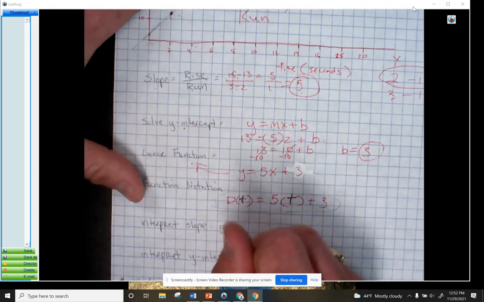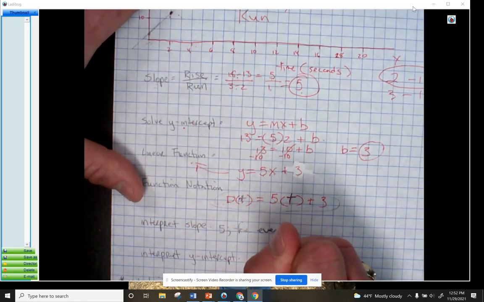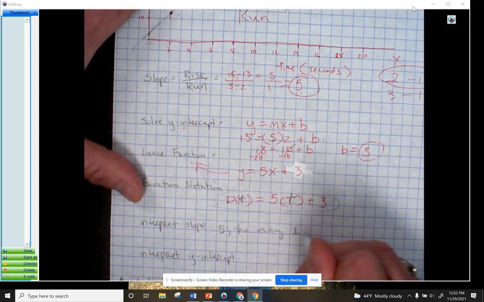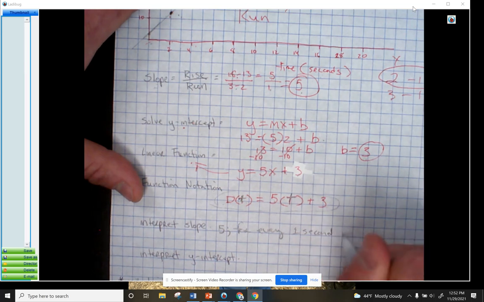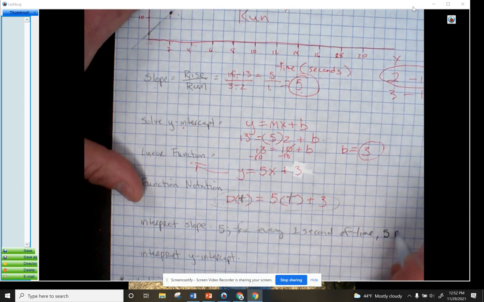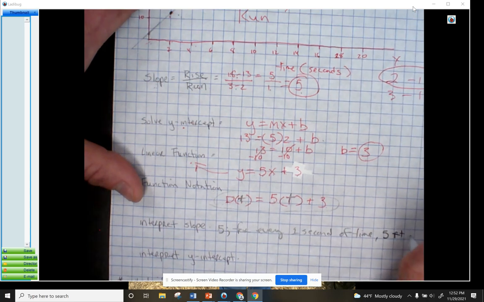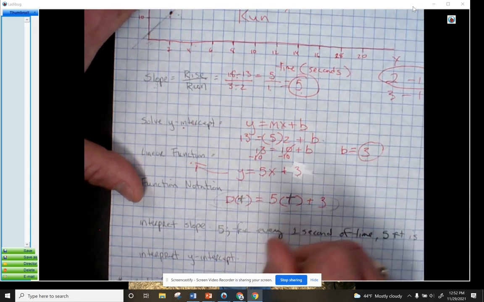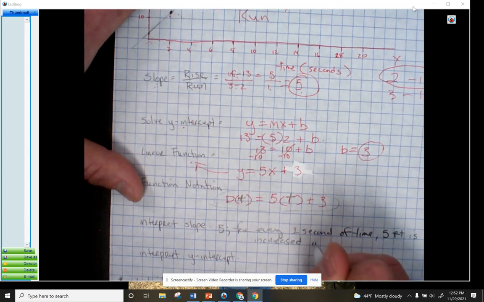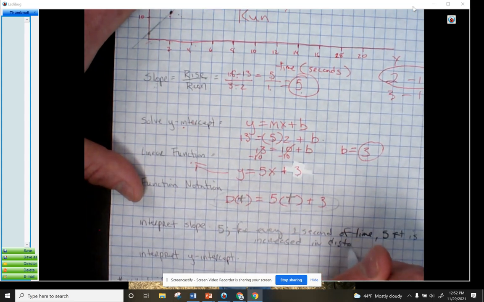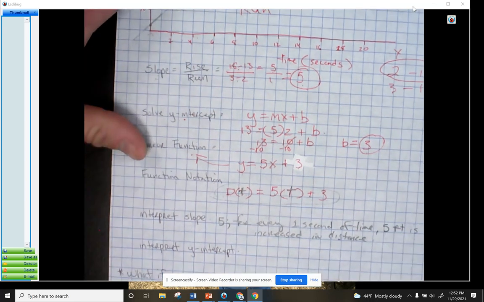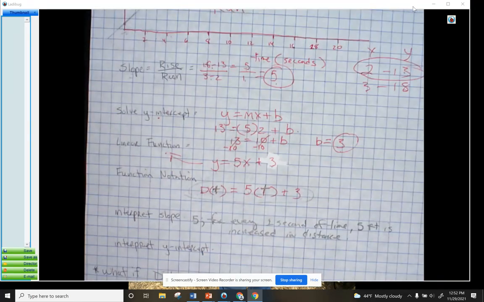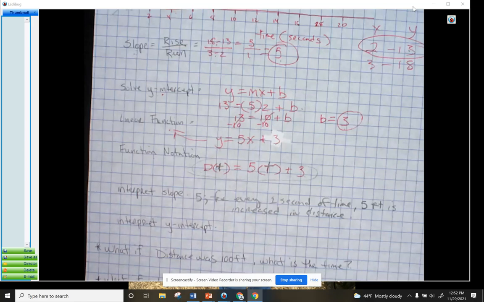So for every 1 second of time, 5 feet is increased in distance. Okay? That is interpreting the slope.